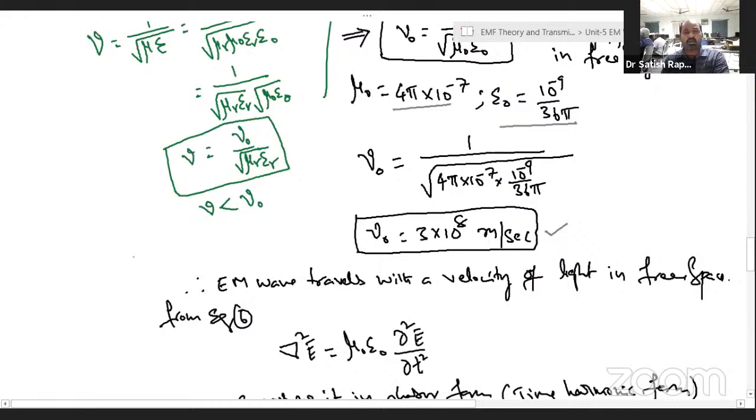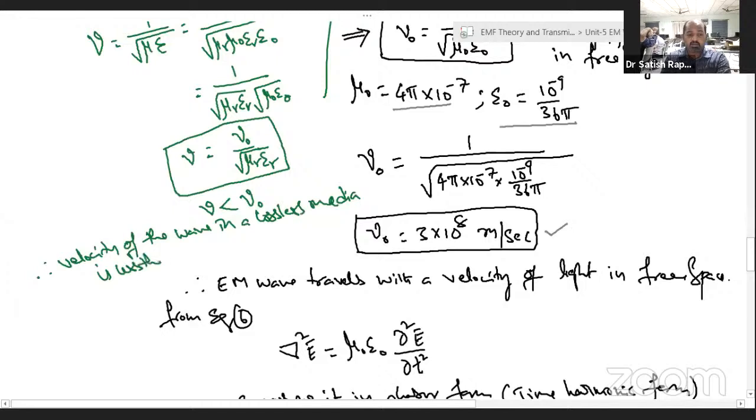Therefore we can say that the velocity of the wave in a lossless dielectric media is less than the velocity of the light.